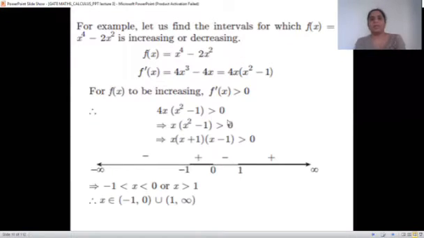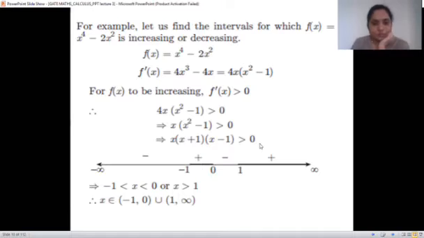That is x into x square minus 1, since if we equate it to 0, the 4 will divide to this side and will not create any problem. We are actually focusing on the variable only. So x into x square minus 1 is factorized as x into x plus 1 into x minus 1, which is greater than 0. Now, the values of x are 0, 1 and minus 1, which we have plotted on a line.